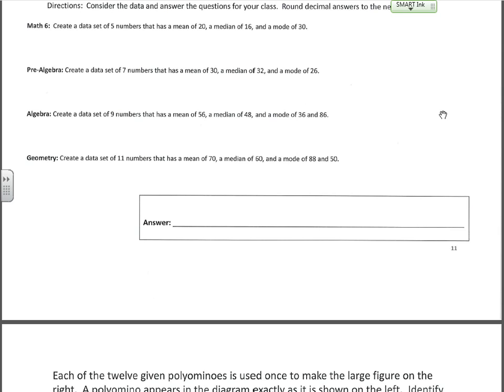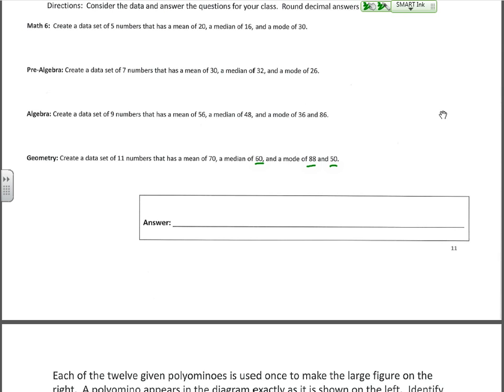I mean, obviously, your set must include 88 and 50 at least twice each, making them the mode. You could potentially have them appear each 3 times, right? As long as both of them are the mode, they appear the most with the same number of times. You know 60's gotta be in there as the median.